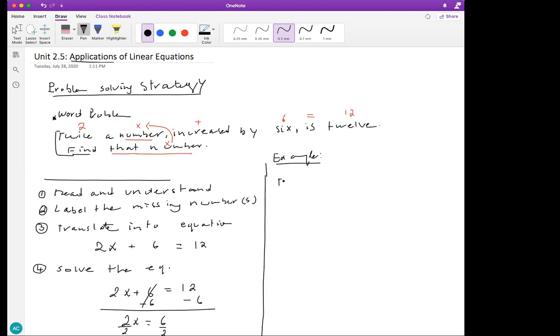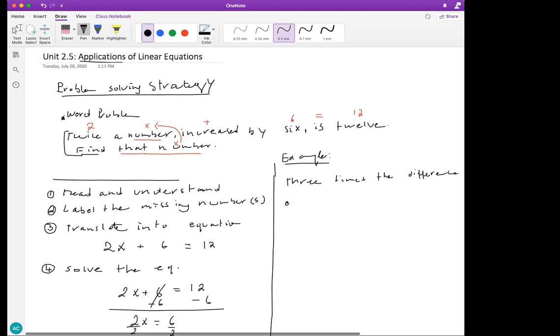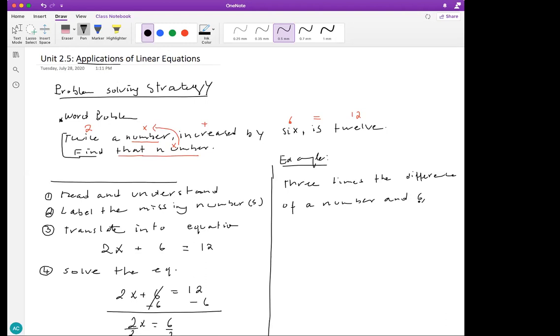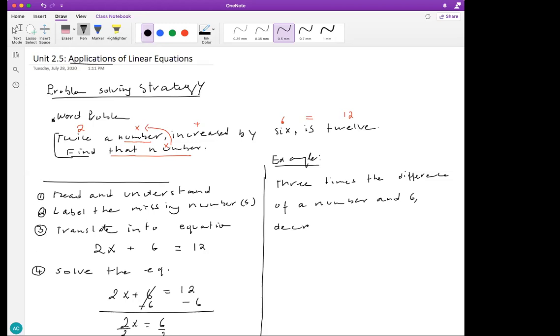So let's say 3 times the difference of a number and 6, decreased by, maybe, 9 is, let's say, 15.